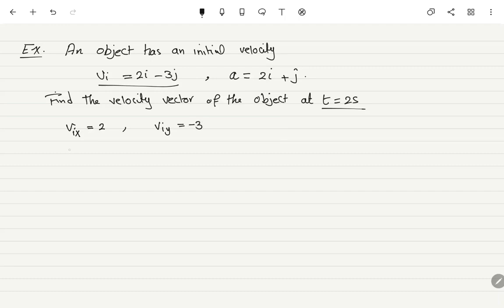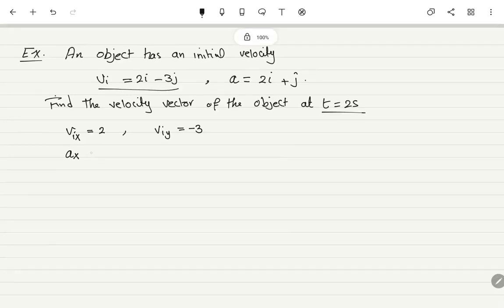Same thing for the acceleration: ax equals 2, and ay equals 1. So we have set all the information, and we have everything here. Now find the velocity vector at t equals 2.